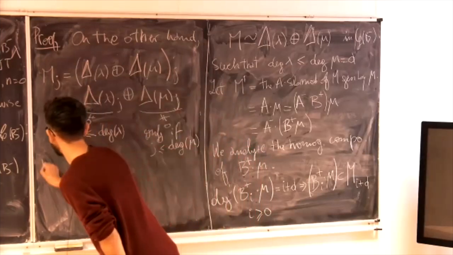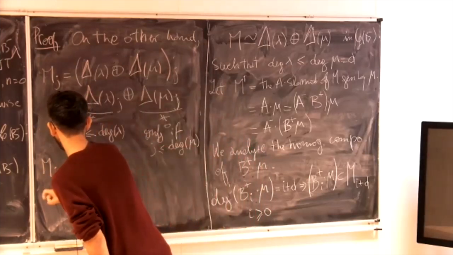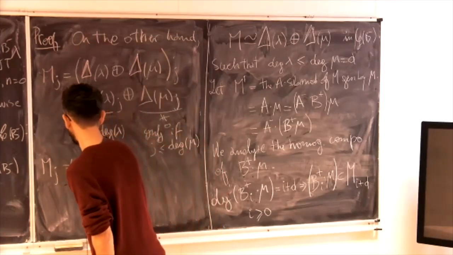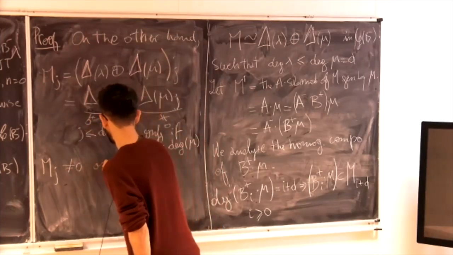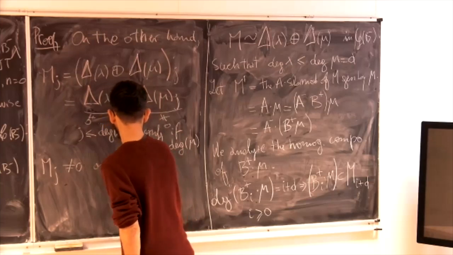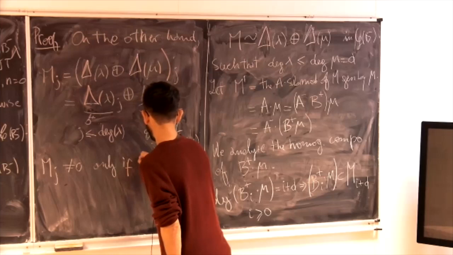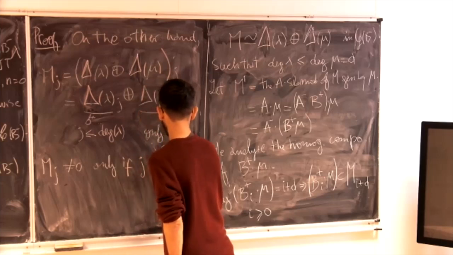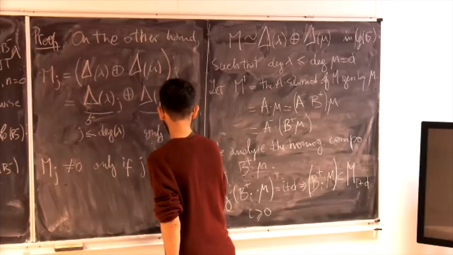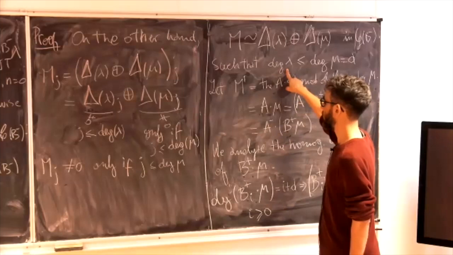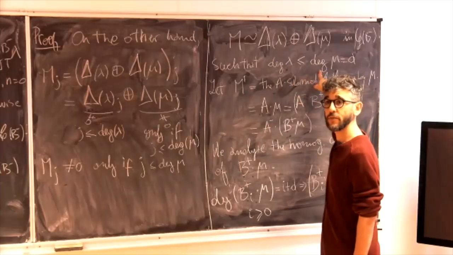So in other words, the homogeneous component of the module M is different from 0 only if J is smaller than the degree of mu, because we are assuming that the degree of lambda is smaller than the degree of mu.